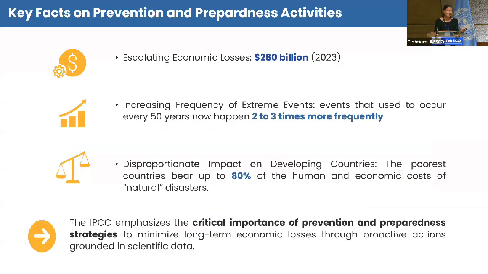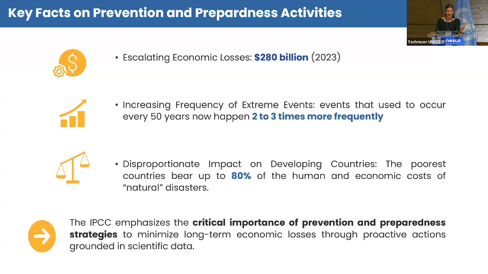So I just would like to highlight some key facts on prevention and preparedness activities, just to highlight why it's very important to work on these topics. Climate change is significantly intensifying natural disasters, leading to substantial global economic impacts. In 2023 alone, natural hazards resulted in $280 billion in losses.